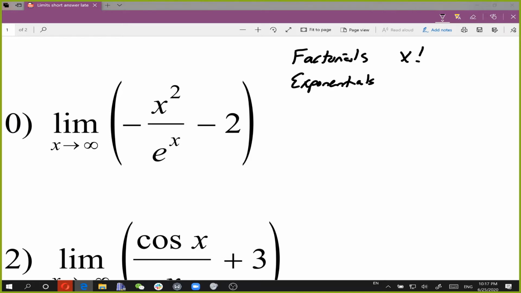Grow faster than polynomials. That's x to the n. Grow faster than logarithms. Grow faster than sine or cosine. Just grow faster than a constant.